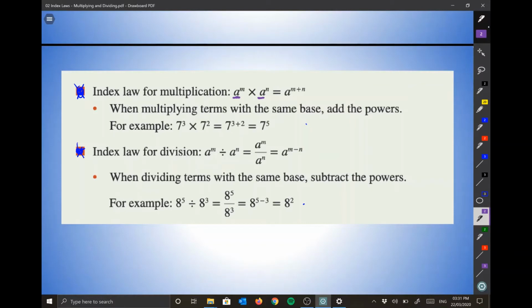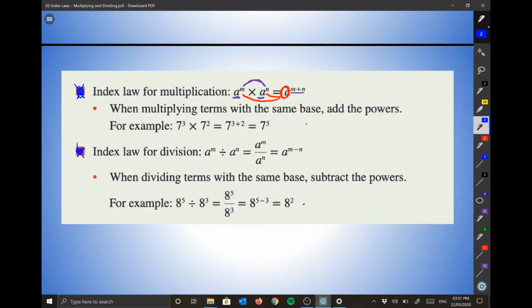What happens when we do this multiplication? Well, we can actually simplify this into a to the power of m plus n. We take the two indices here and we add them together when the base is the same. This is important though. This can only happen when the base is the same. We have an a here and we have an a here and an a here.